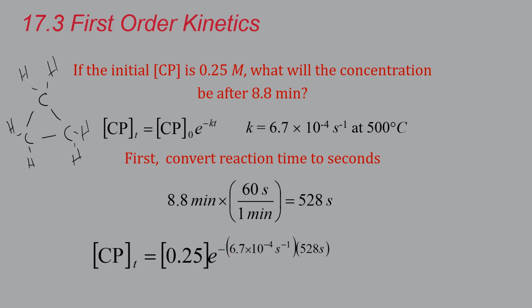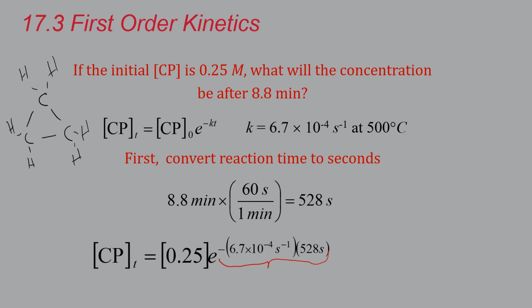So using your calculator, unfortunately, the way that different calculators process E arguments is all a little bit different. But what I would say first is evaluate this product. The 6.7 times 10 to the negative 4 inverse seconds times 528 seconds, and also change the sign.